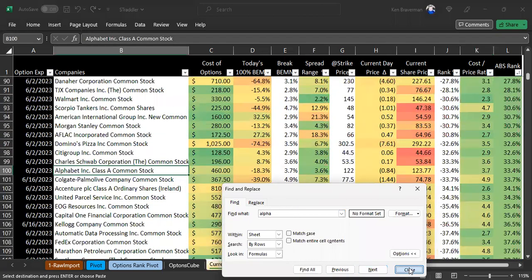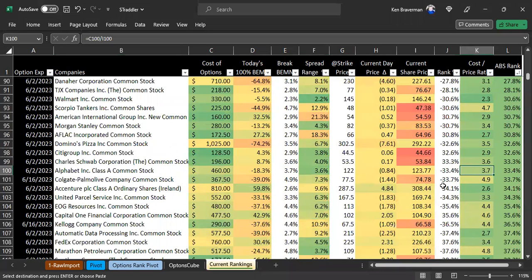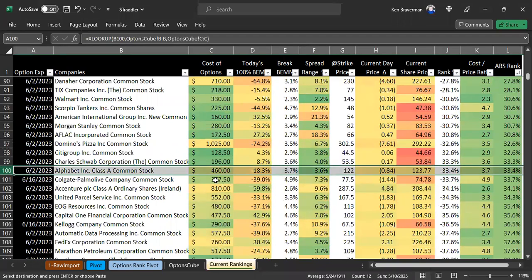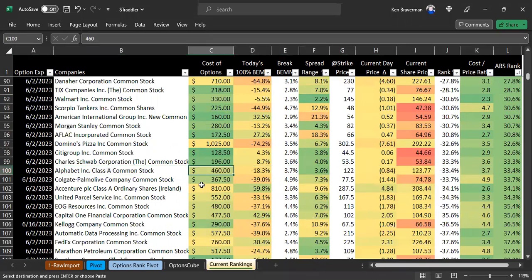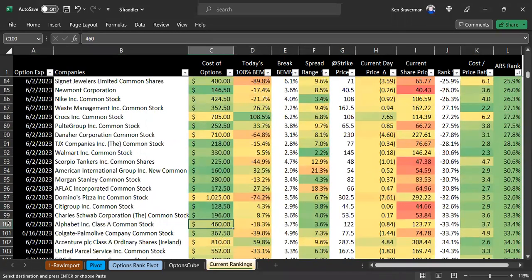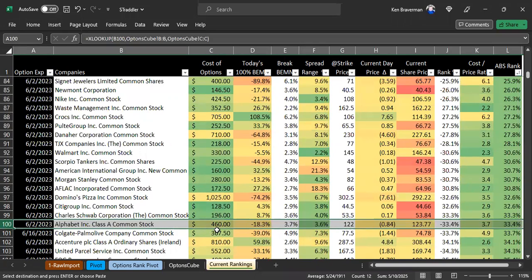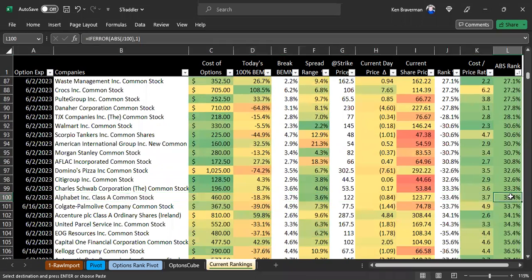For Alphabet, it's actually worse, because Microsoft is more per share. That's why. Maybe that's why it's more expensive. You can see how the algorithm does put Alphabet higher up on this list than Microsoft. So even though they don't have a super great number here at 33%, this is lower though. This is actually like 400, which will lower these numbers, but I'll fix that all later.